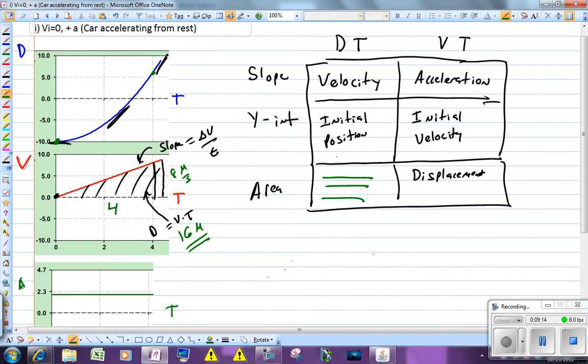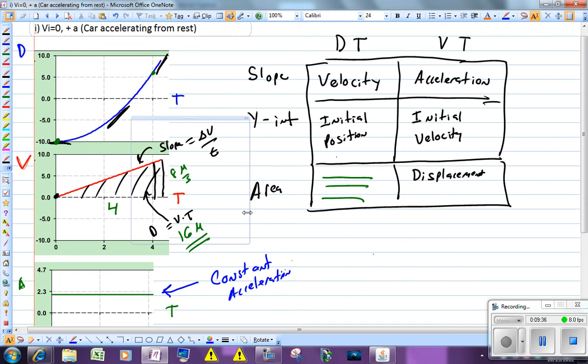Acceleration time graphs are always going to be a horizontal line when you're dealing with constant acceleration. So since this is going to be constant acceleration, it's always going to be horizontal at whatever the acceleration may be. In this case, +2 meters per second squared, or +2 meters per second every second.